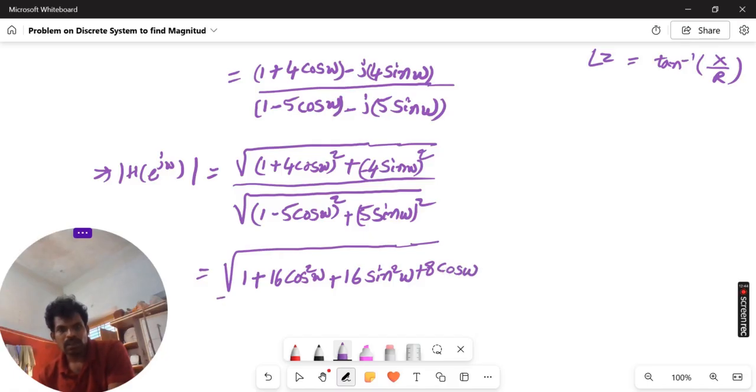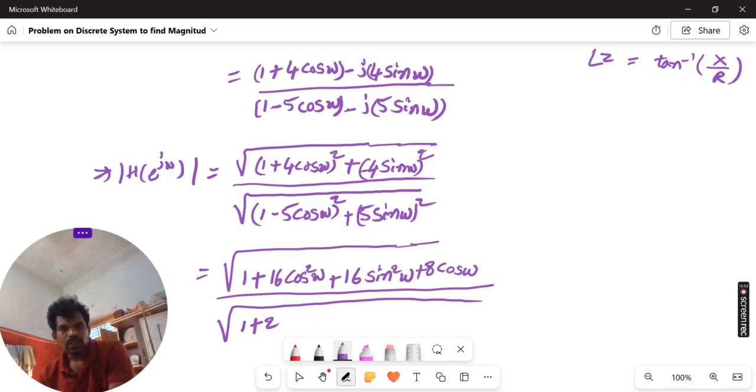divided by square root of 1 plus 25 cos square omega minus 10 cos omega plus 25 sin square omega.